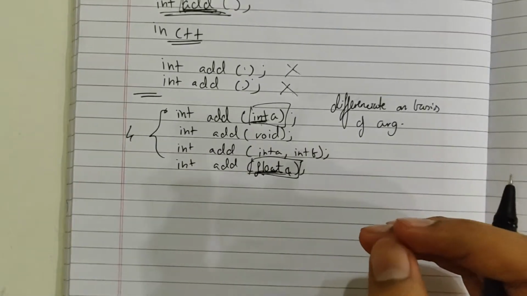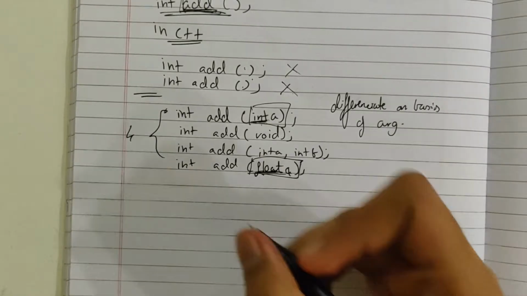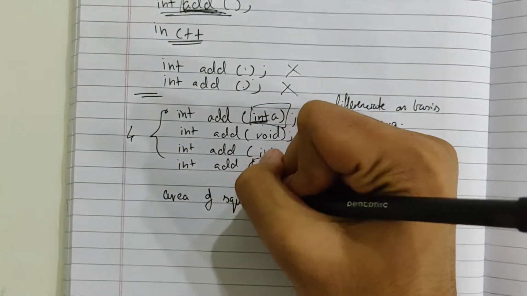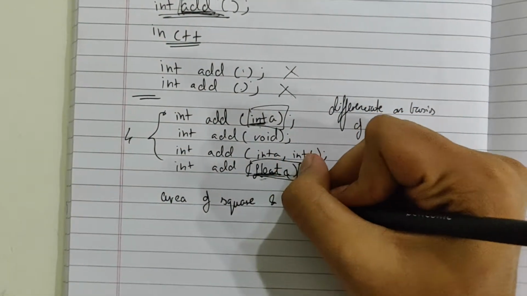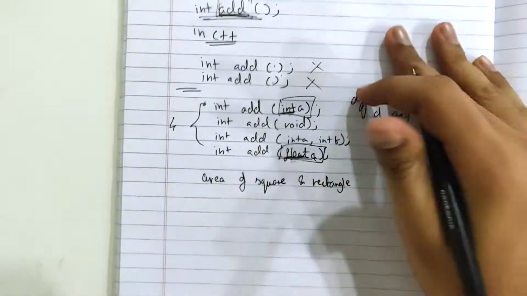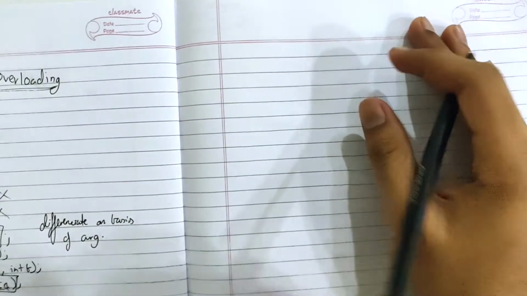Let's say we need to find the area of a square and area of a rectangle using function overloading. Okay, so we'll start with the code.